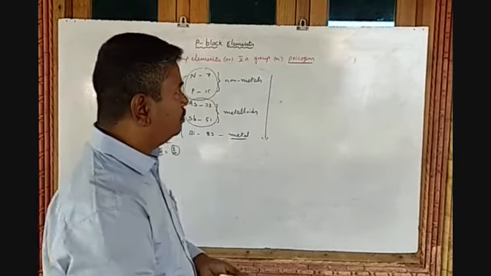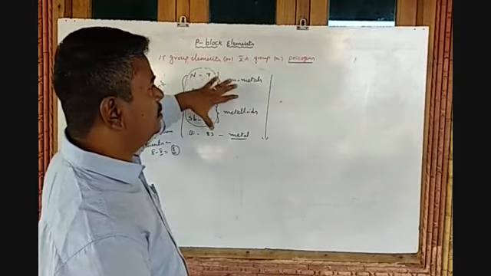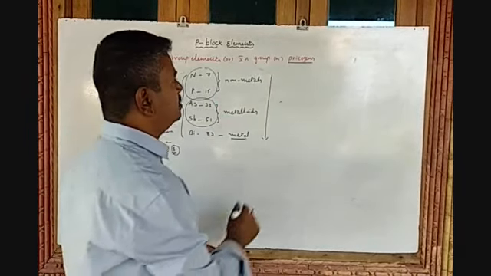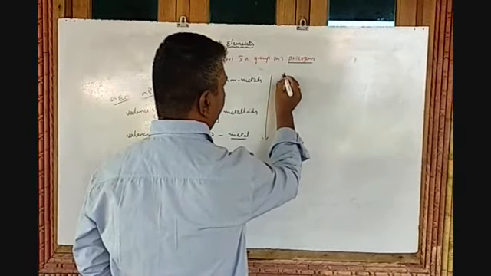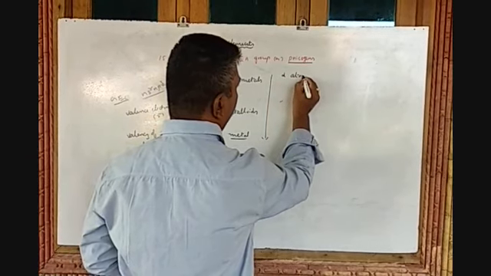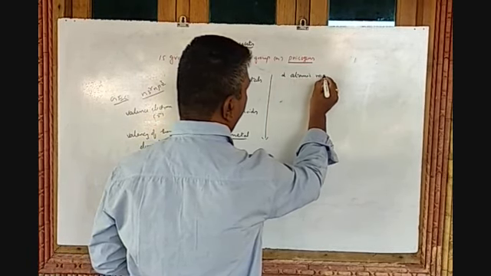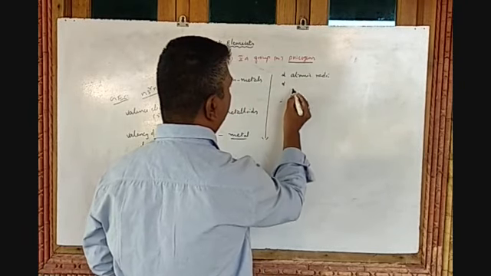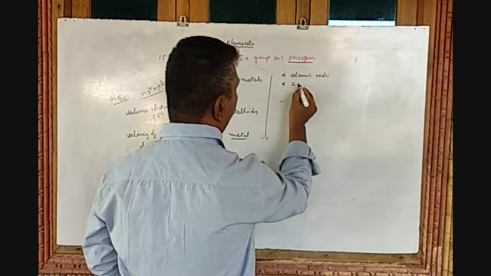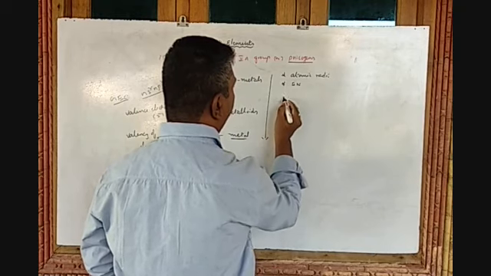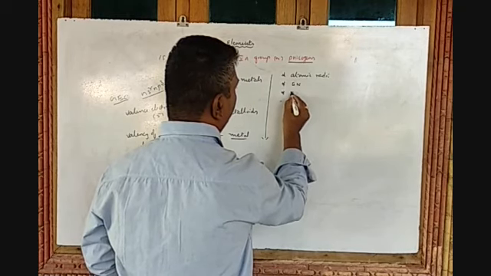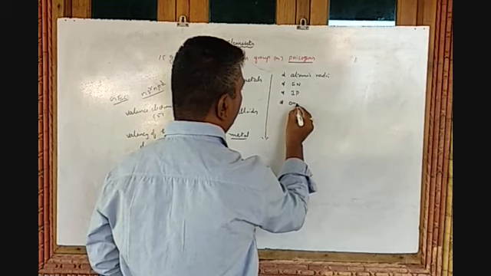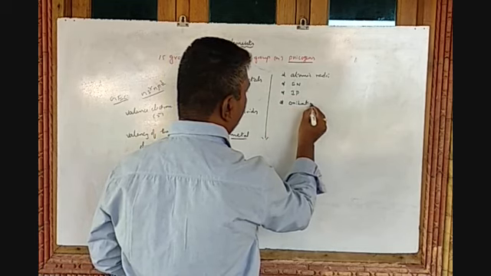Okay. Now in this particular group, how do the periodic properties like atomic radii, electronegativity, ionization potentials and oxidation states vary?